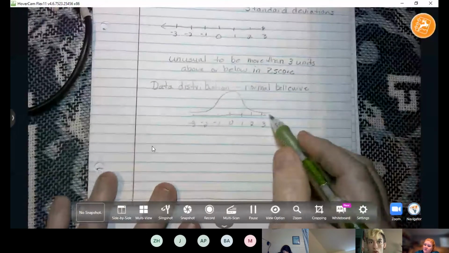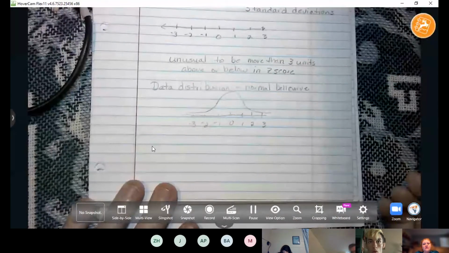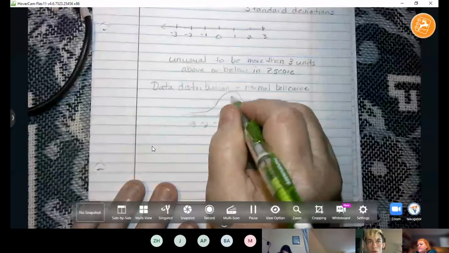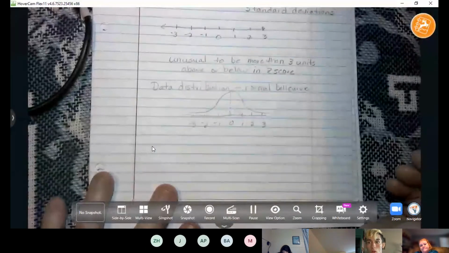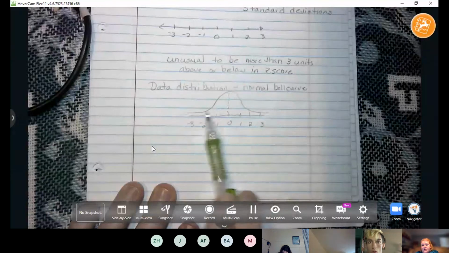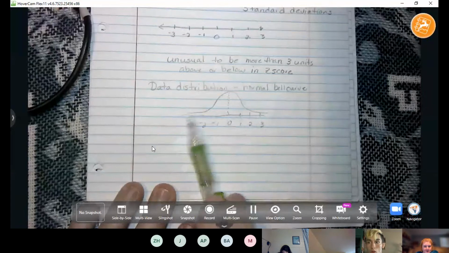So those outliers are way out here on each end. The mean is there at the peak. So what happens? 50% of the data is on each side of the mean.